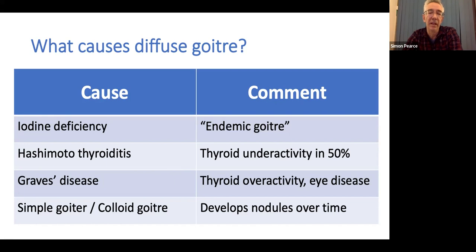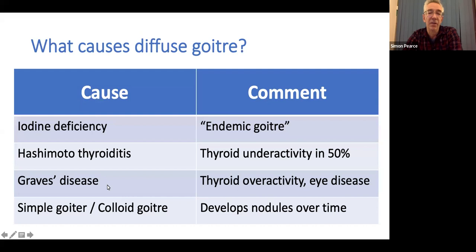But also the immune system is attacking your thyroid, and so lots of lymphocytes pile into your thyroid from your blood, and that also enlarges it. So it's multifactorial in Hashimoto thyroiditis, the reason the gland is big.